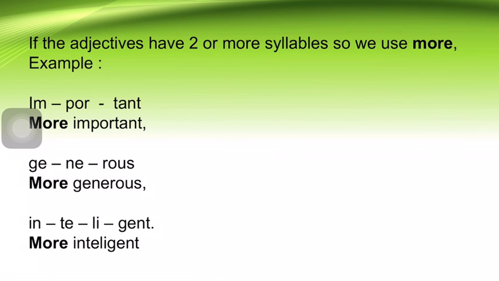If the adjectives have two or more syllables, we use more. Example, important. We use more important. Second, generous. We can use more generous. Intelligent.